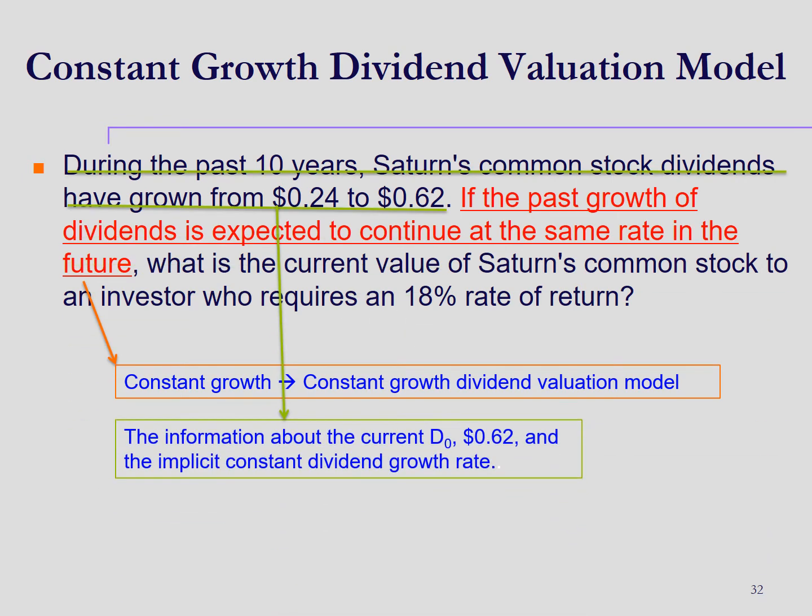The sentence, during the past 10 years, Saturn's common stock dividends have grown from 24 cents to 62 cents, gives us the information about the current dividend D0, which is 62 cents, and the implicit constant dividend growth rate. The statement, an investor who requires an 18% rate of return, gives us the information about the required rate of return Ke.